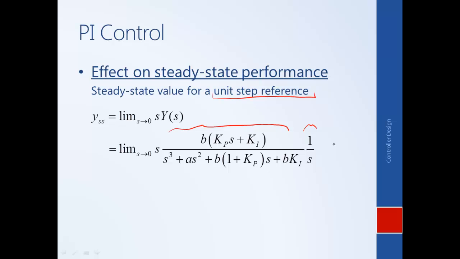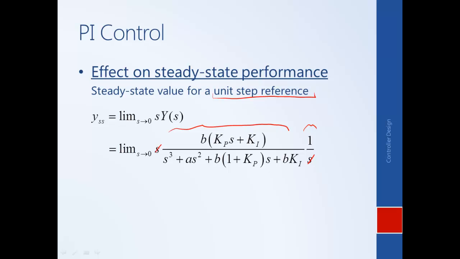Taken together, we have our y of s. So the s from the input cancels the s from the theorem. We then can see again that we have a denominator where all of the coefficients are positive. Therefore, we will again have a system where the poles have negative real part.